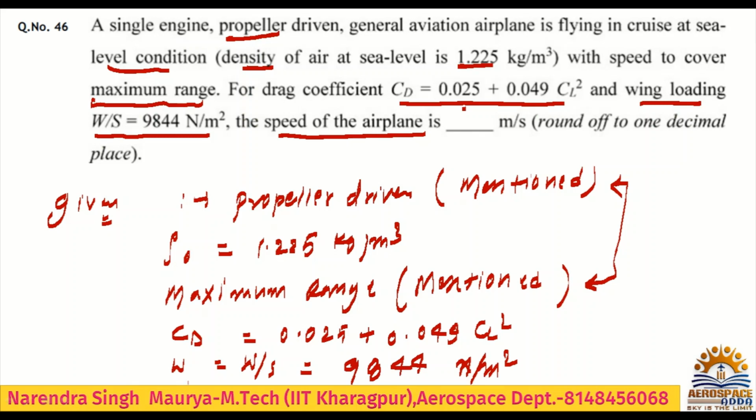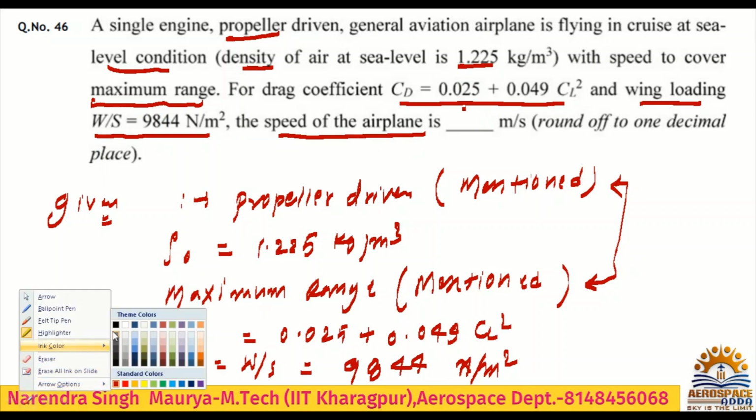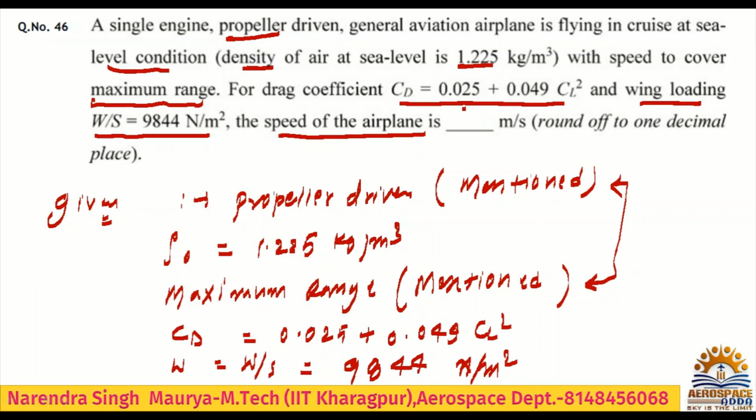All right. Now what we have to calculate? We have to calculate the speed of the airplane. Speed of the airplane on which condition? Two conditions they have given. I told you, need to remember, for the propeller driven aircraft and for the maximum range condition we have to calculate speed.